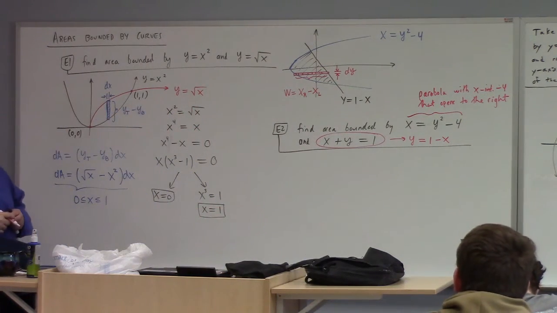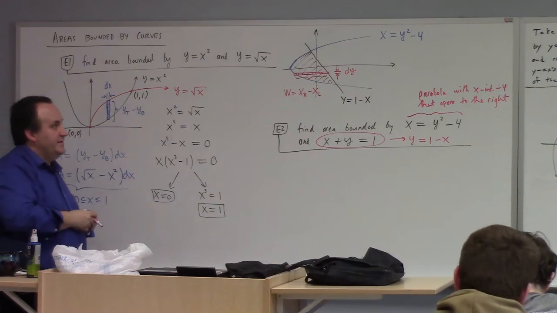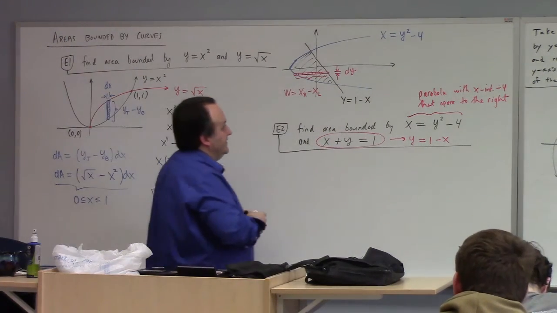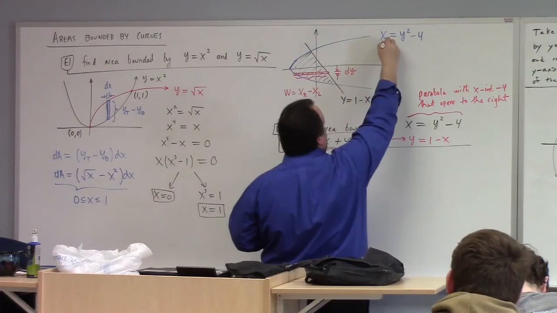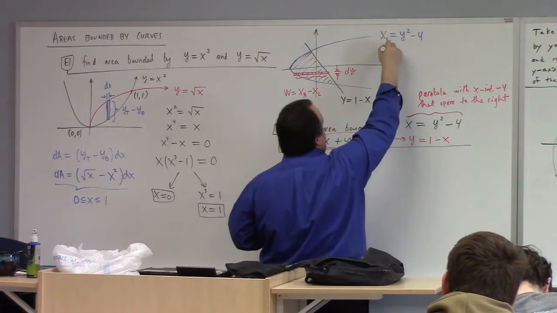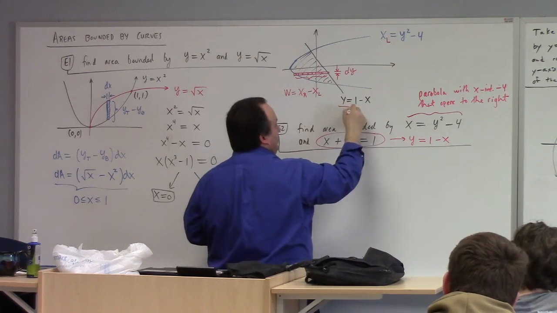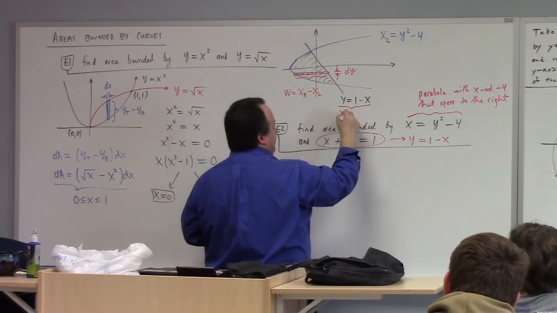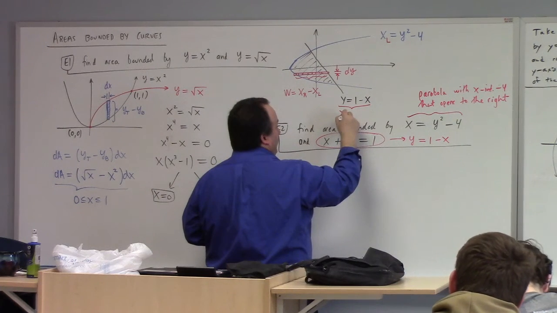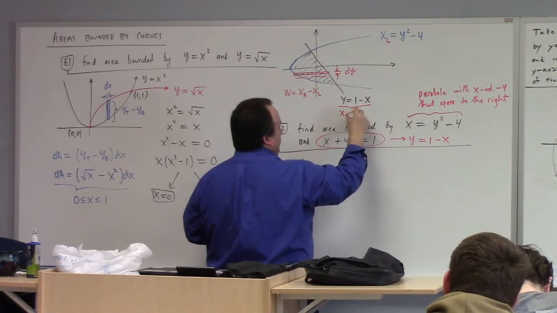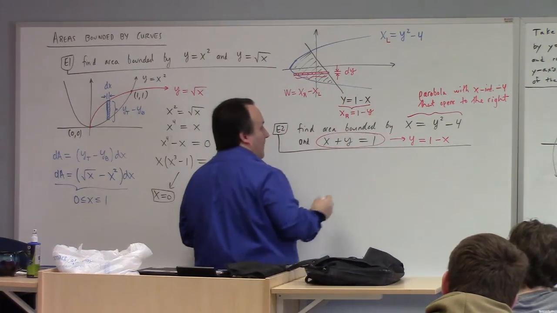So that's what we're going to be up against here. Now what is the left? You notice that the left x is actually this one, and the right x is given down here. If we solve for x, we've got x sub r is equal to 1 minus y.